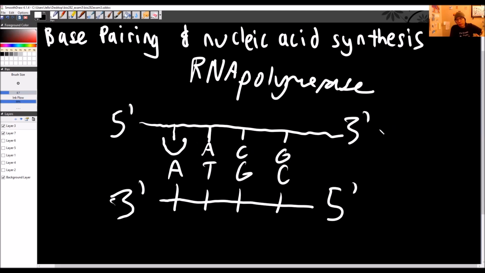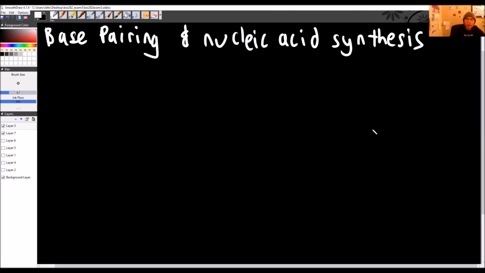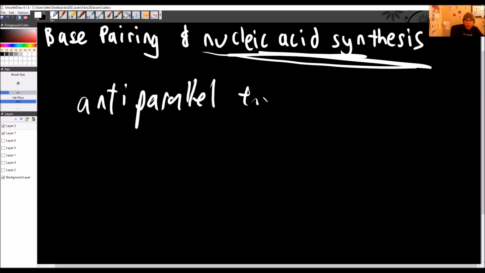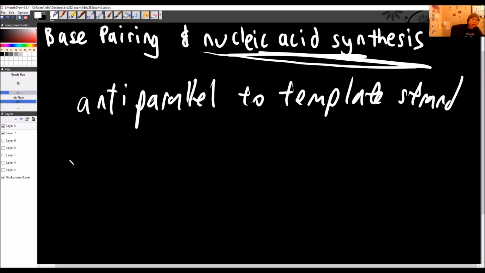So going forth, whenever you are talking about nucleic acid synthesis, it goes anti-parallel to the template strand, which would be your DNA, and it is only synthesized in the 5' to 3' direction.